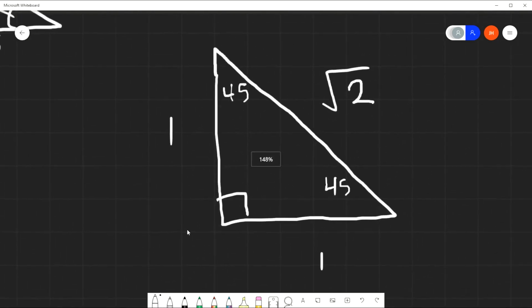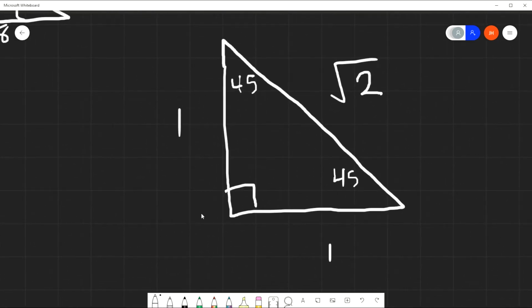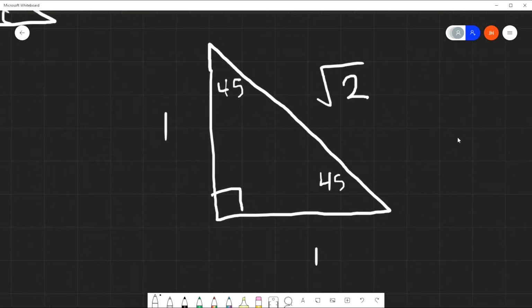This is kind of like the base 45, 45, 90 triangle, right? It's got side lengths 1, 1, square root 2. This might look a lot more familiar from geometry. So the thing with this is that, because of similar triangles, I can scale this guy up and down, and it will allow me to eventually do trigonometry, right?